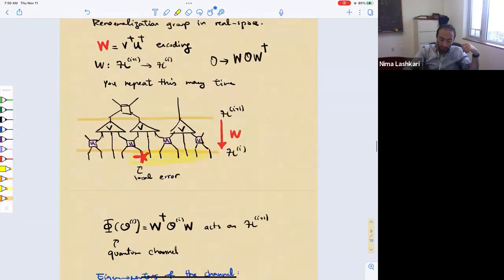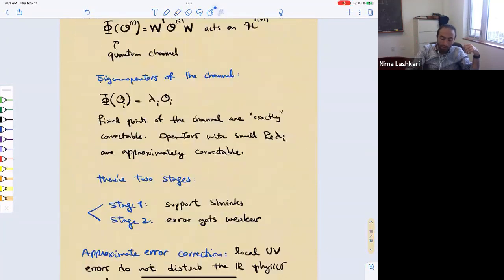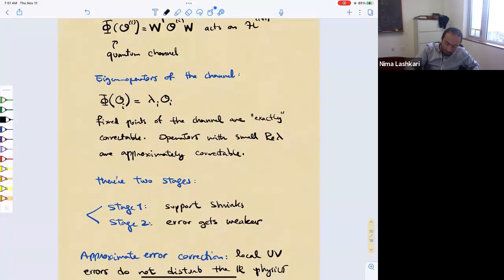Then stage 2 begins, where the operator starts getting weaker and weaker. How does it get weaker? Exponentially, and that exponential could be upper bounded by the real part of the first eigenvalue of this quantum channel.